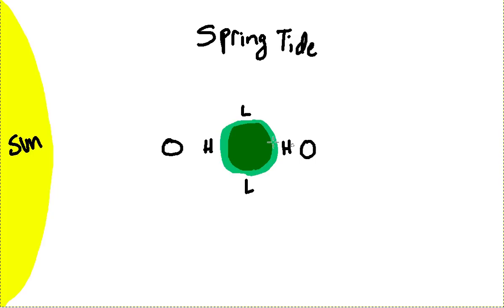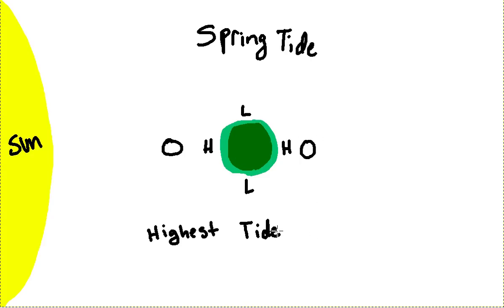So when the moon's gravitational pull is lined up with the sun's gravitational pull, this is where you get the highest high tides out of the month, meaning all throughout the month, the largest tides happen when the moon and the sun are pulling on the Earth's oceans together in line.